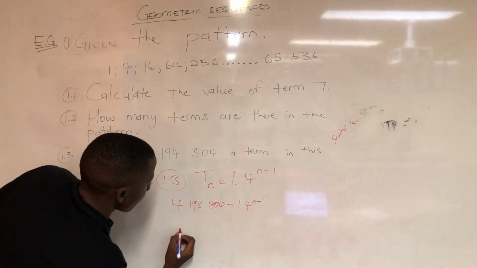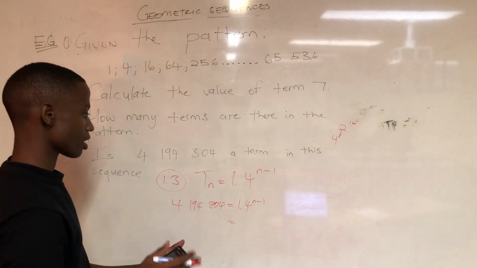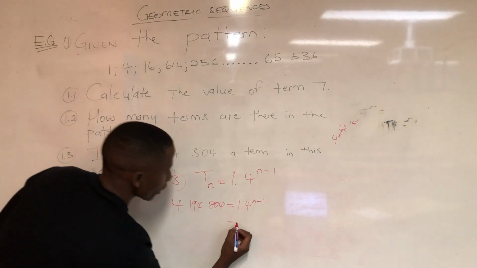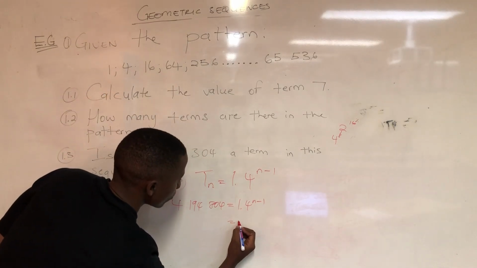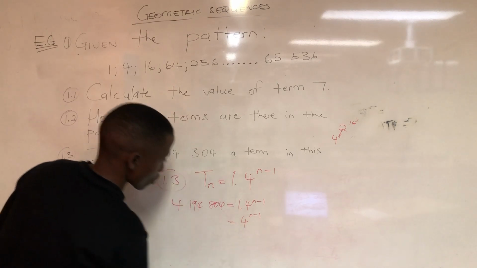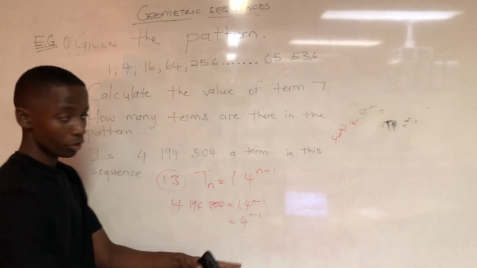If you press shift fact, I think it's going to give you 2 to the power of something again. So on this side we're going to have 4 to the power of n minus 1. On this side we have to change this to become an exponent so that you can solve for n.